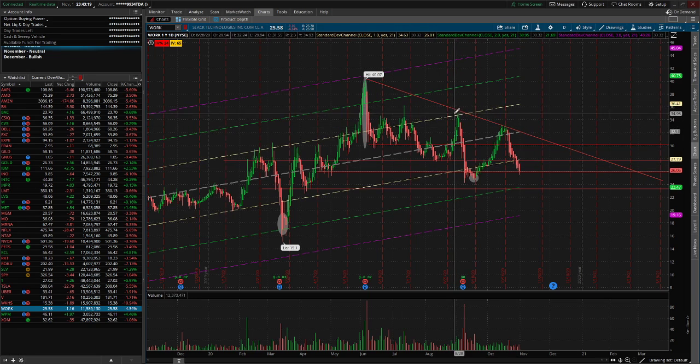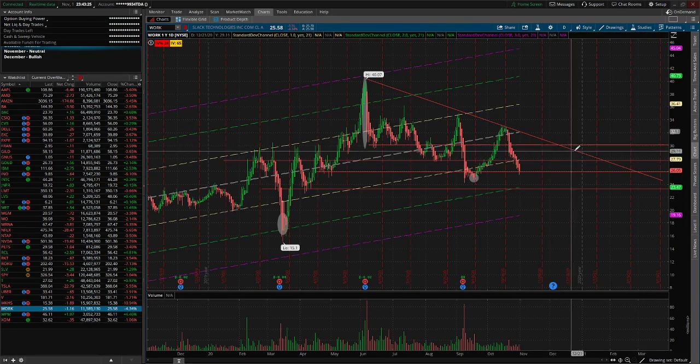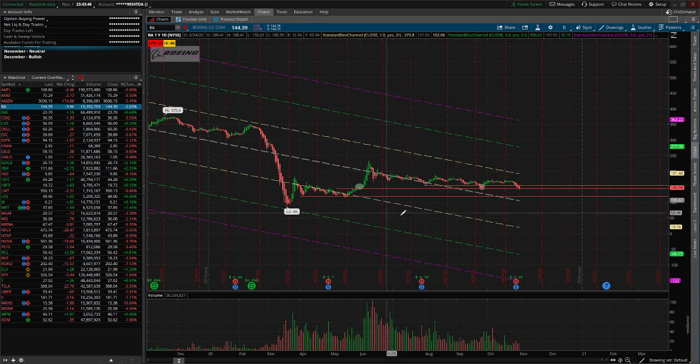So, you see how it kind of follows a level. And once it gets down here in this wedged area, it's either going to explode to the top or it's just going to breach support again and then kind of languish. It's kind of like what BA did at one point. Let's see if I still have that drawn.